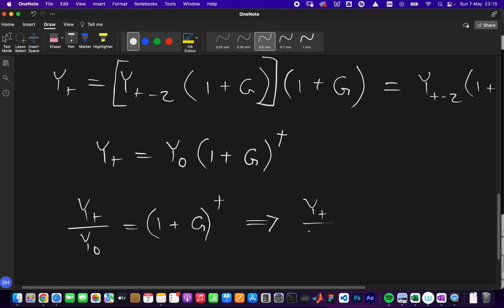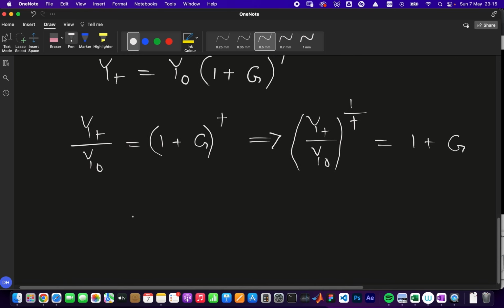So yt on y0 to the 1 over t equals 1 plus g. And finally, we just take away 1, so we get g equals yt on y0 to the 1 over t, minus 1. So we've solved for g.